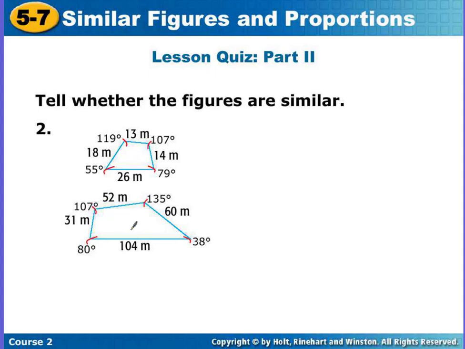So that means my corresponding angles are not congruent. So this one is not similar. If they don't meet one condition out of the 4, then they're automatically not similar. So again, what are those 4 characteristics? They must be the same shape, different sizes, corresponding angles must be congruent, and corresponding sides must be proportional.